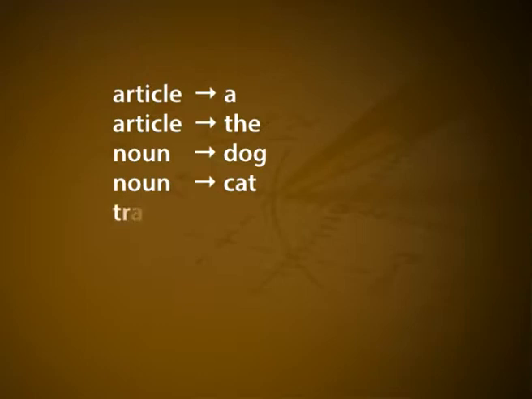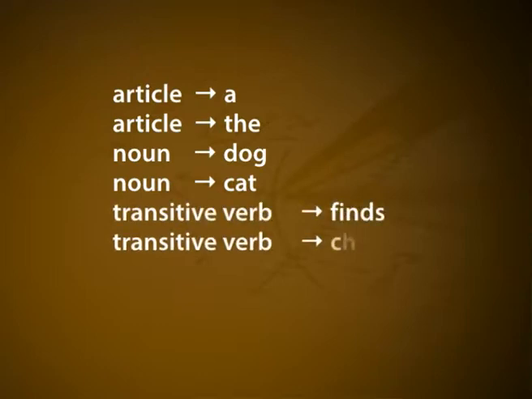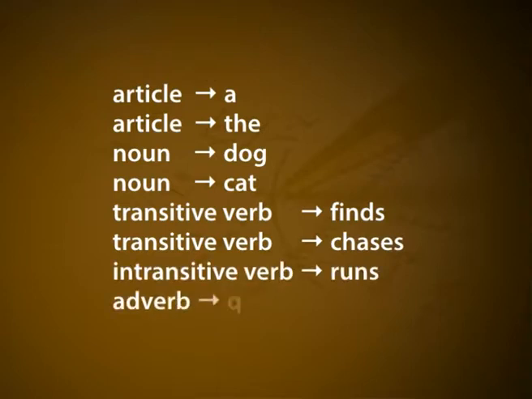In this example, we have a as an article, the as an article, dog as noun, cat as noun, finds as transitive verb, chases as transitive verb, runs as intransitive verb, quickly as adverb. It is clear that the above rules can generate the three simple sentences. With these rules, other sentences also may be formed.